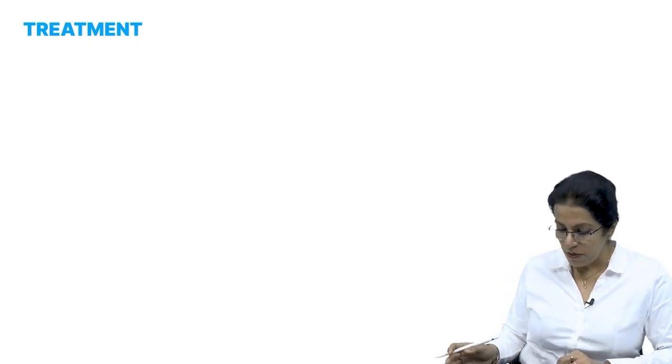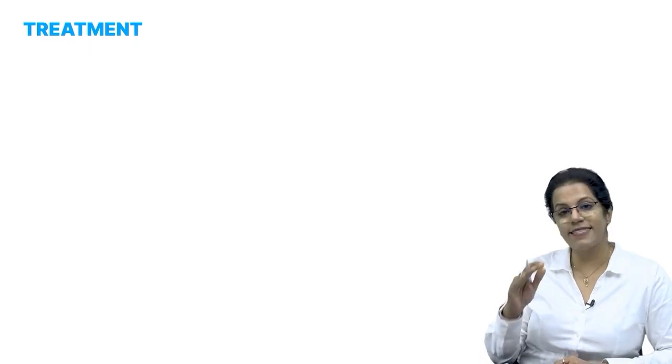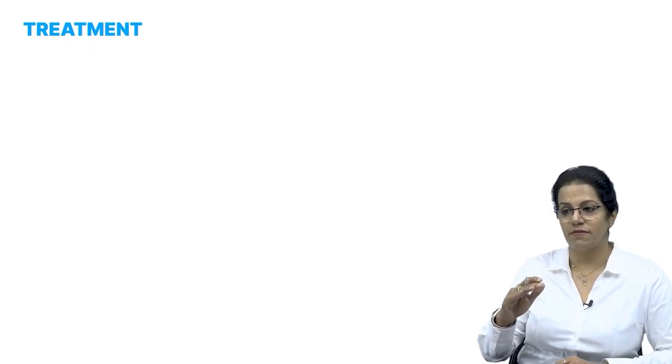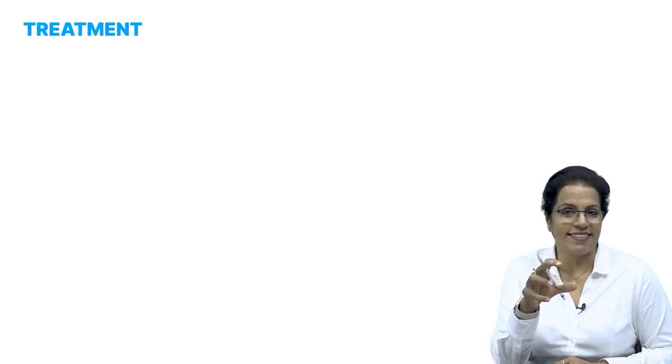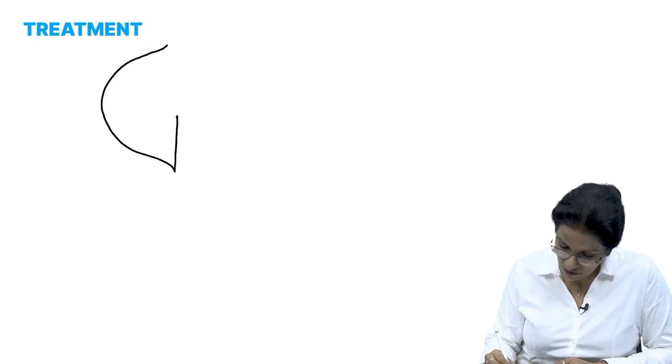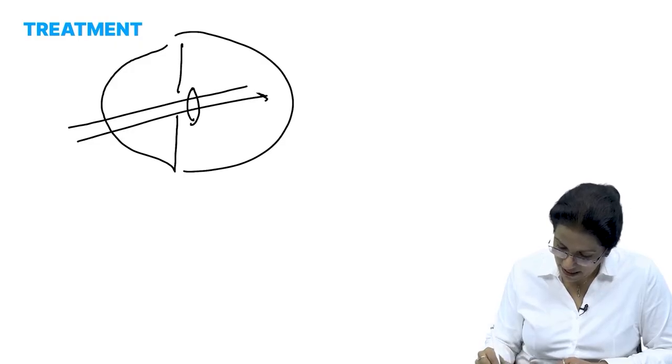Why it is so? Because of the foveal reflex in a child, so let's understand this way. When the child is born, he cannot fix somewhere. His eyes are wandering. If you have ever noticed a newborn child, he cannot fix somewhere. Why it is so? Because his fovea is not formed properly. So what happens? Let's make a diagram to understand here that it's only when the light rays are falling on the fovea that this foveal reflex will be formed.